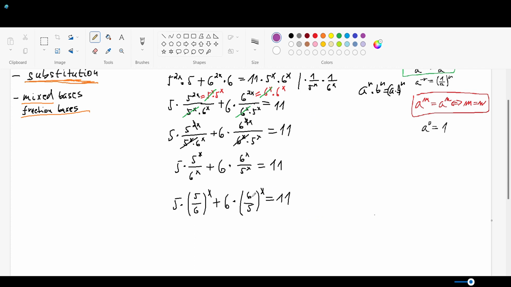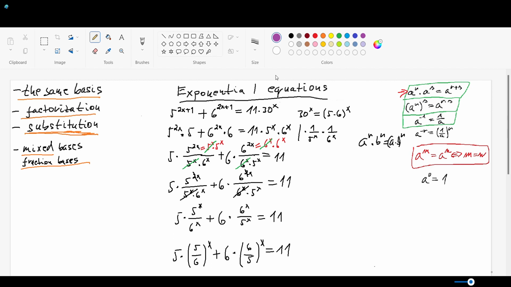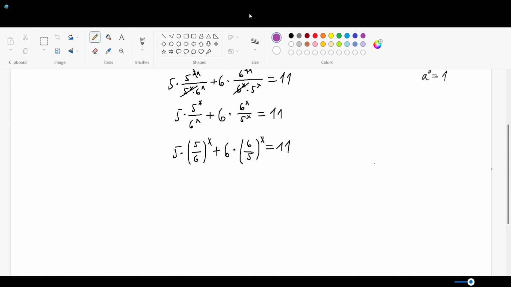Now if you have a look at this, these two bases are more or less the same, and to simplify or get something we know how to solve, we will change this exponential by using this rule, which means that our second term in the equation will become, maybe you know already the answer, so I'll let you think about it.